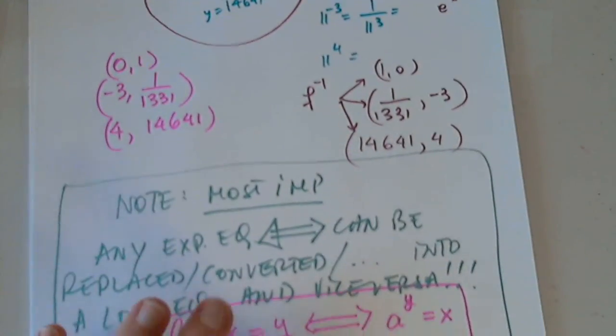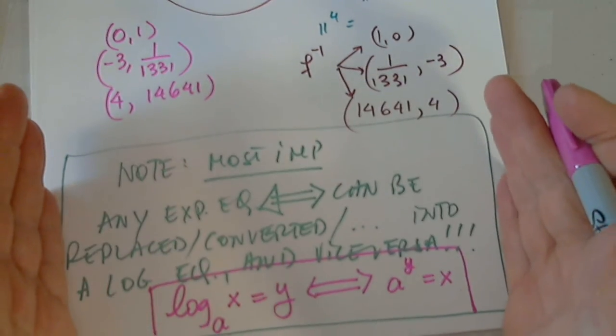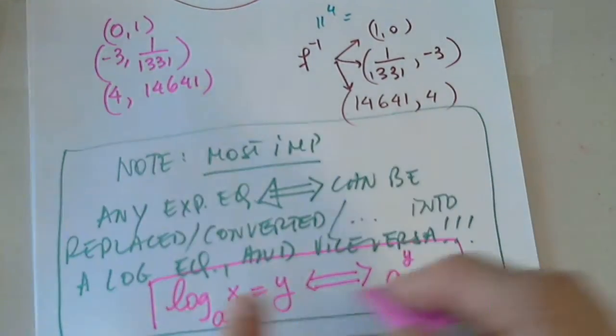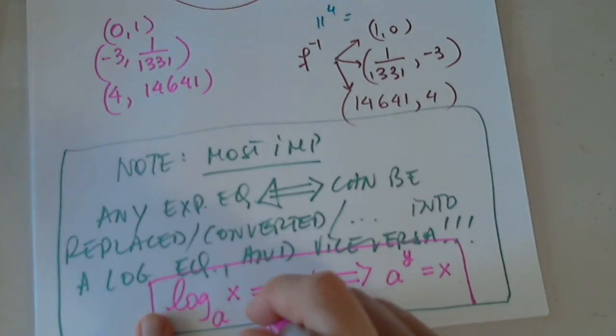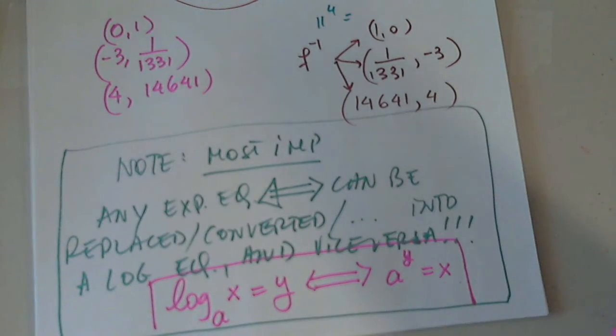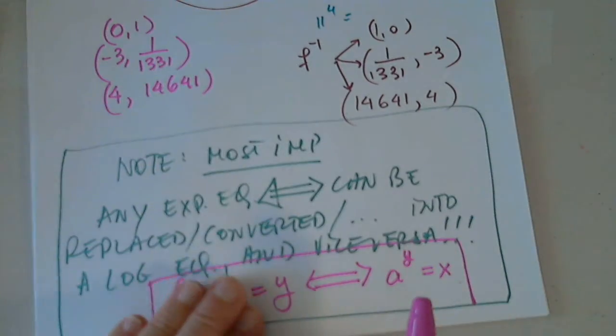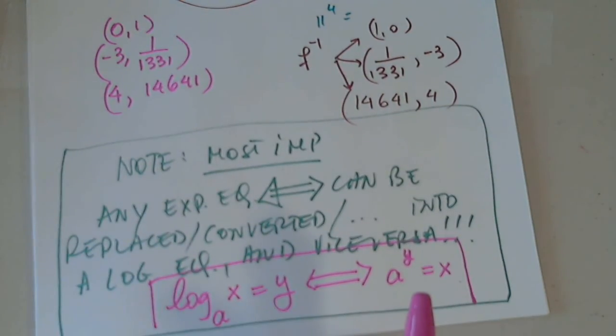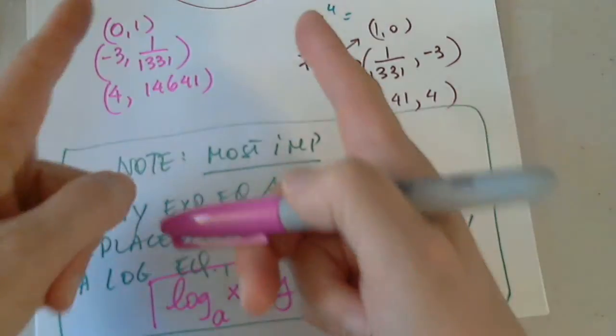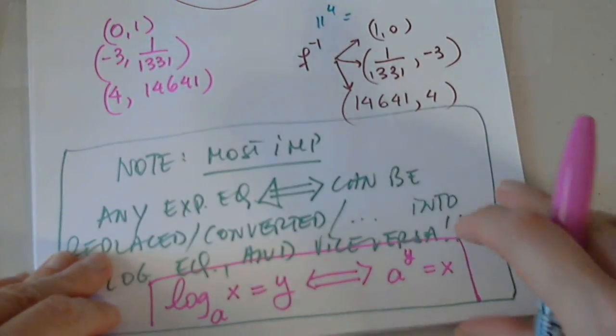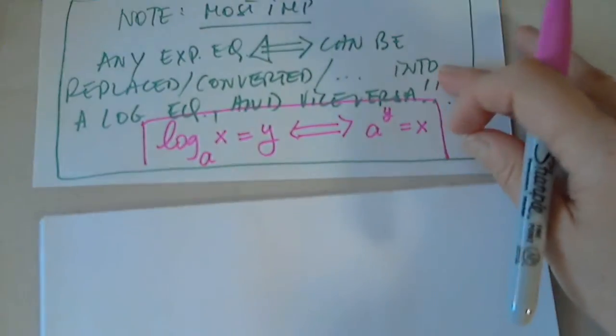I haven't showed that yet because I need this result first. Any exponential can be changed into a log. Any log equation can be changed into an exponential equation. Now I'm going to explain this notation because we have not seen this before, and then I'm going to use that to convince you of that. Back and forth. Okay, so here it is.